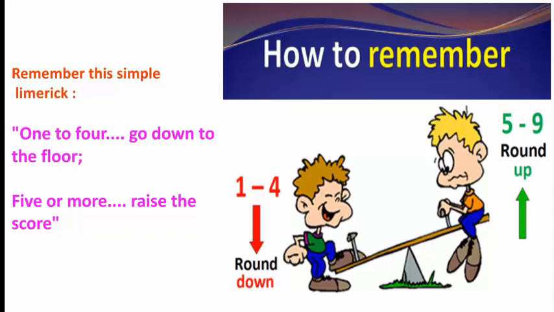So children, what does this figure say? While playing, if the score comes 1 to 4, we round down the number, whereas if the underlined number is 5 to 9, we round up the number.